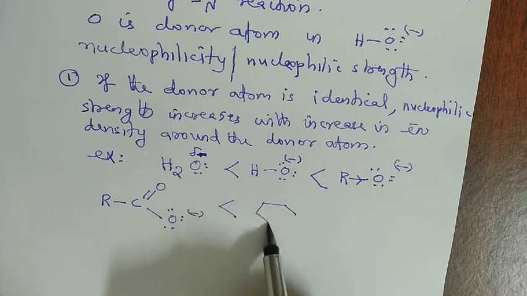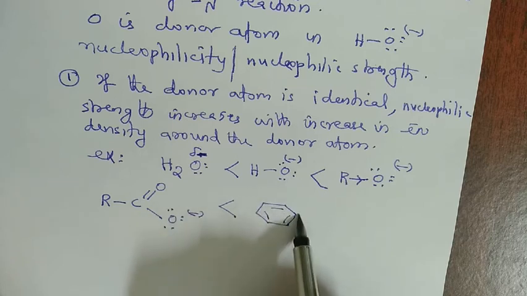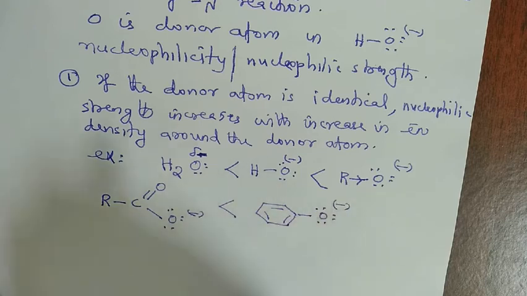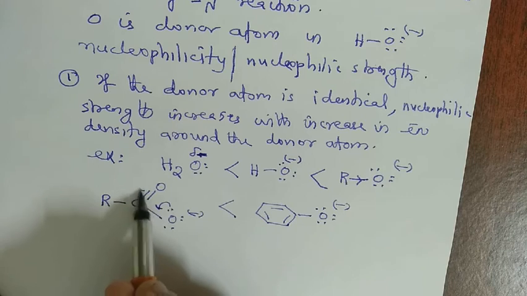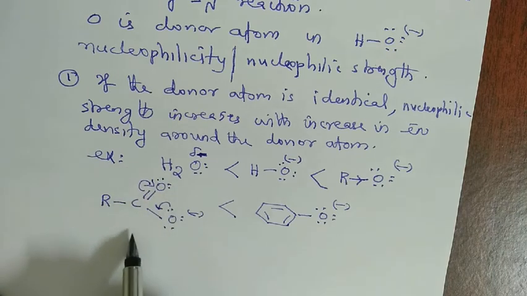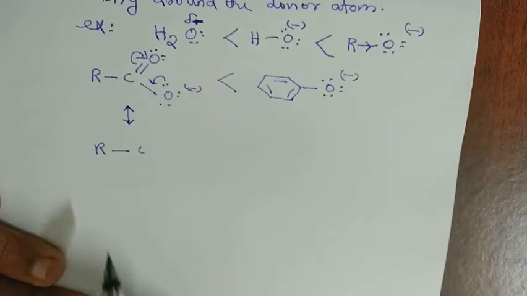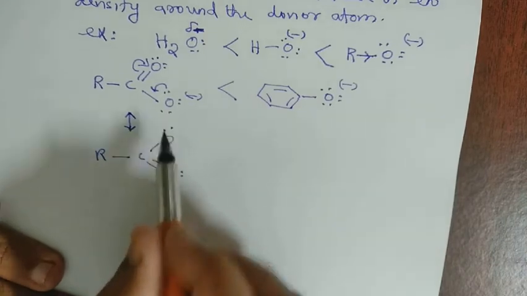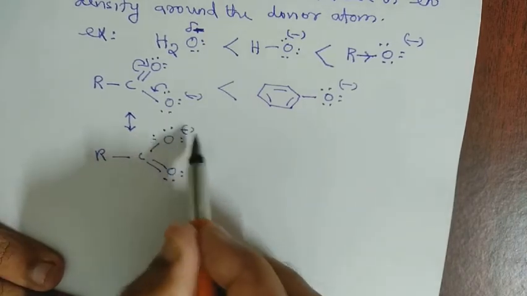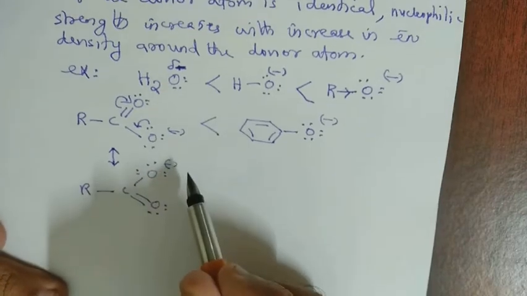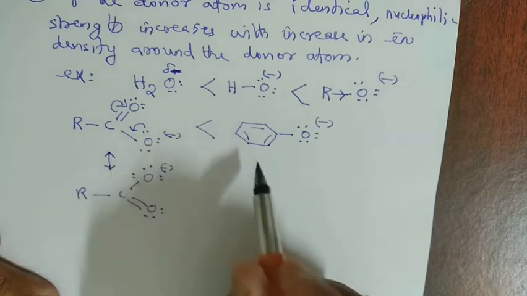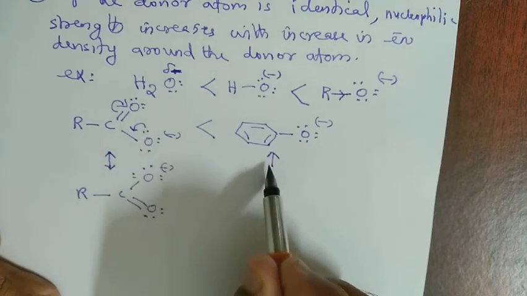Similarly, carboxylate anion is a weaker nucleophile than phenoxide ion. Carboxylate ion has two energetically equivalent resonating structures. So, negative charge is equally distributed between two oxygen atoms, and hence the intensity of negative charge will be lower than that in a phenoxide ion.